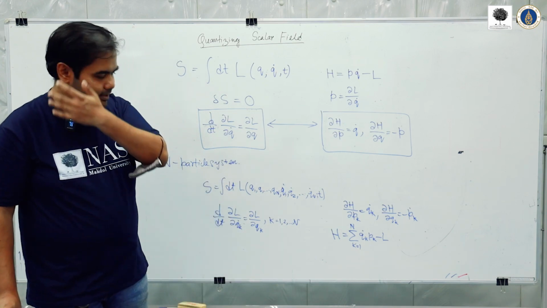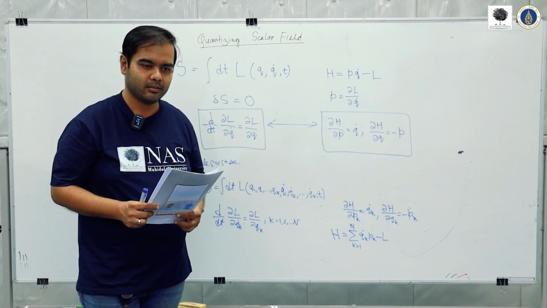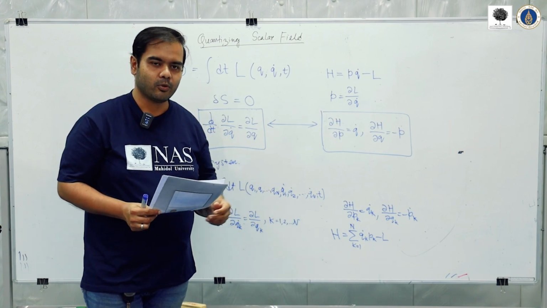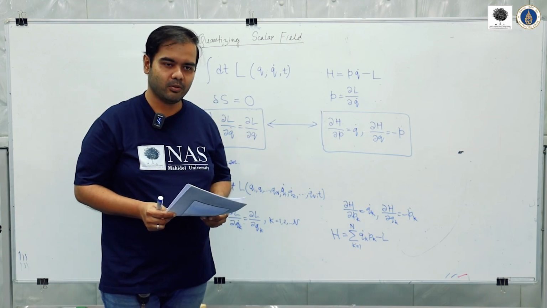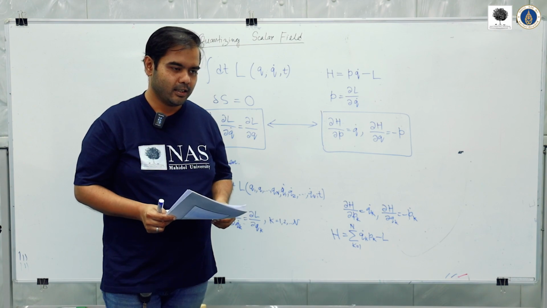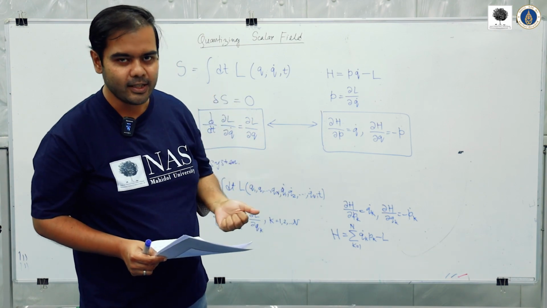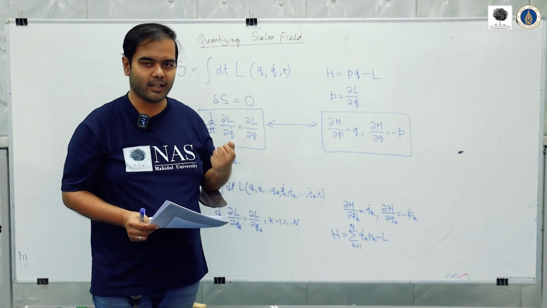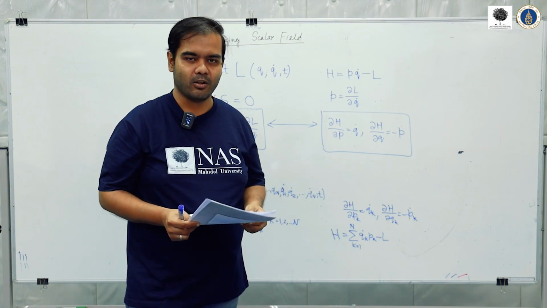But the problem arises when you have infinite degrees of freedom in the system. I am talking about a field. If your dynamical system is a continuous system, which definitely has infinite degrees of freedom, it will vary not only over space but also over time, and it will be an extended object.